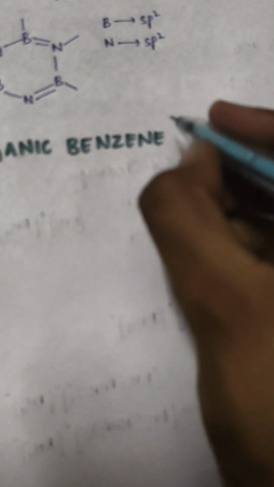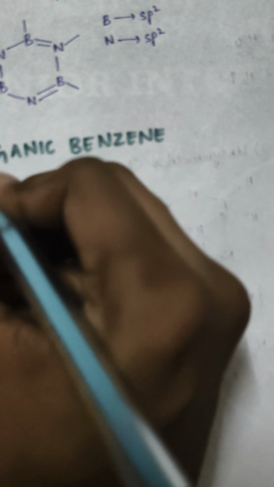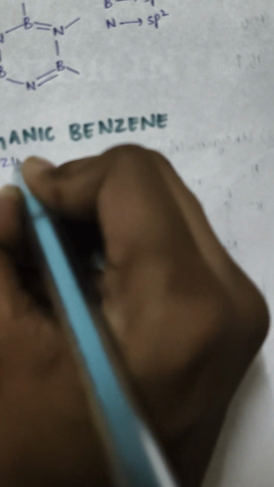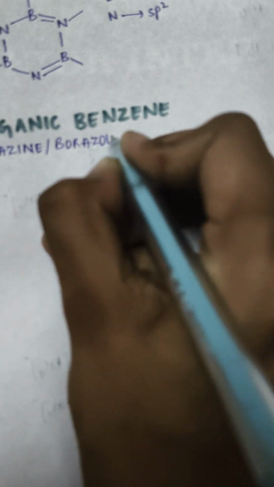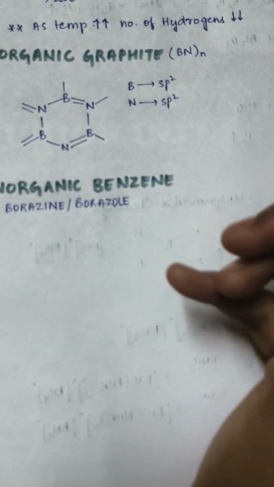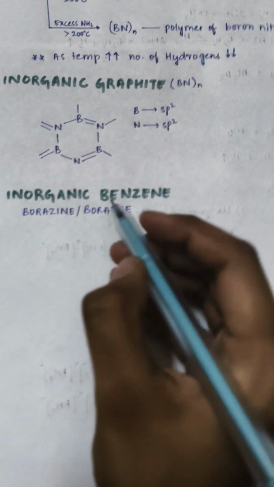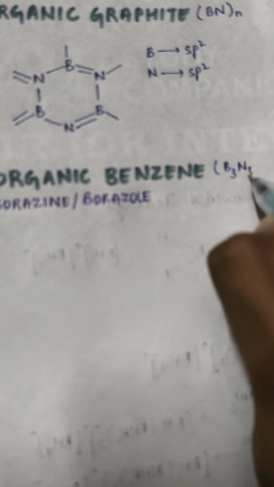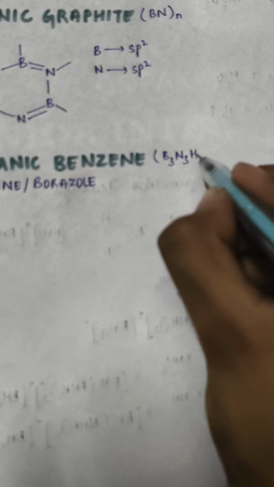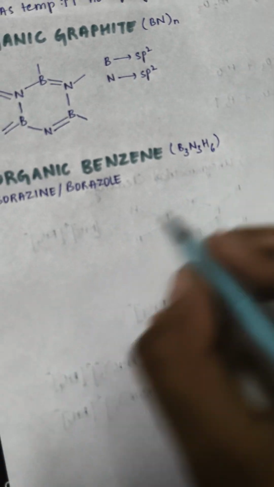Inorganic benzene, which is also known as borazine and borazole. So this is basically B3N3H6.